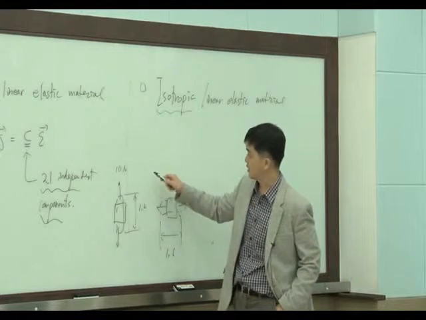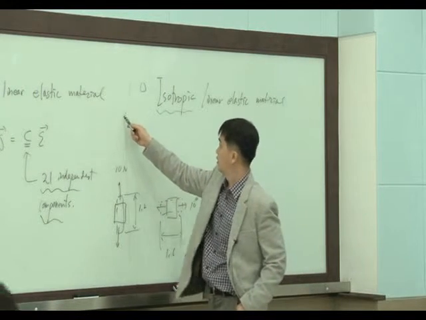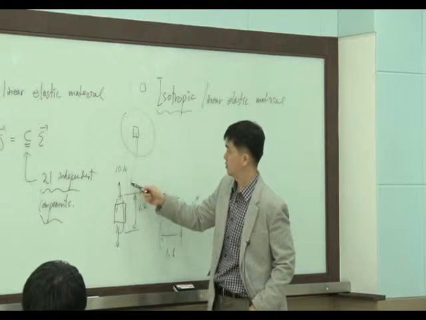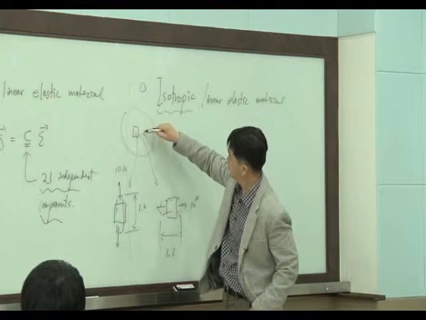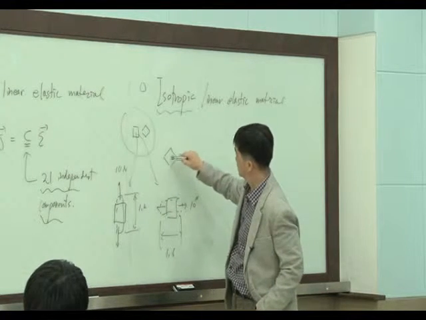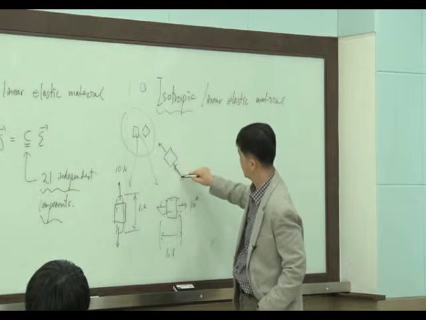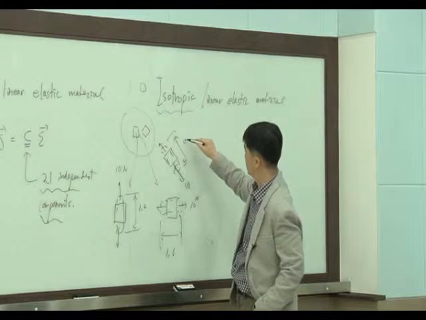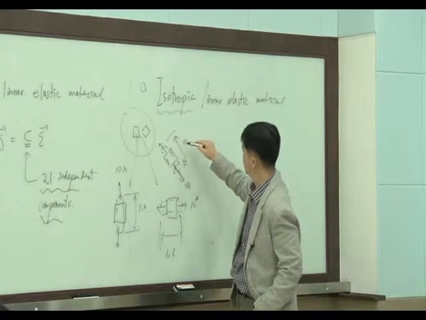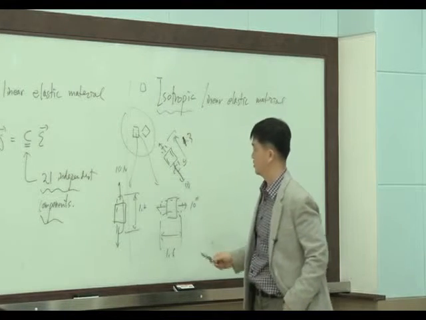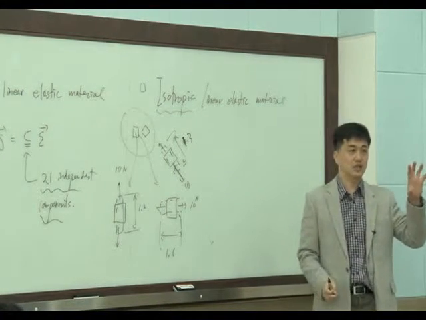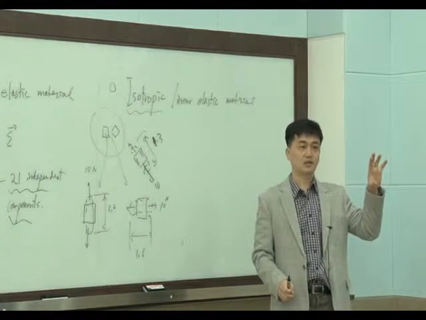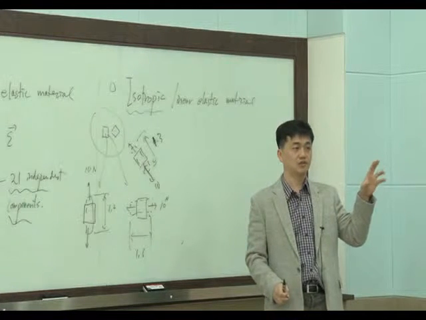We can also think of another case. Here we cut the specimen like this, and we also cut a specimen in this direction. We can apply 10 Newton in this direction, and the length change becomes maybe 1.3. So in the general case, the material behavior is different depending on the direction.